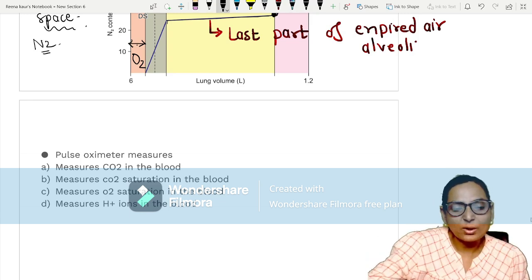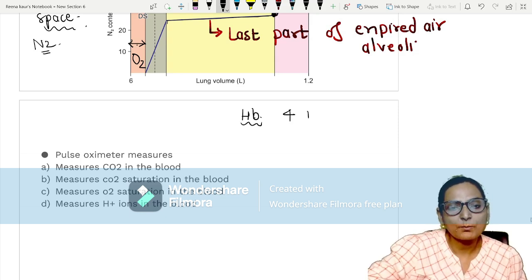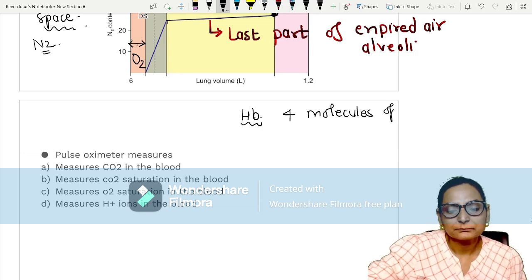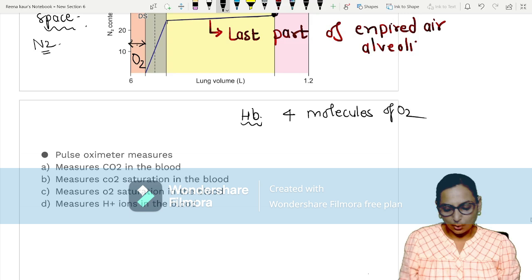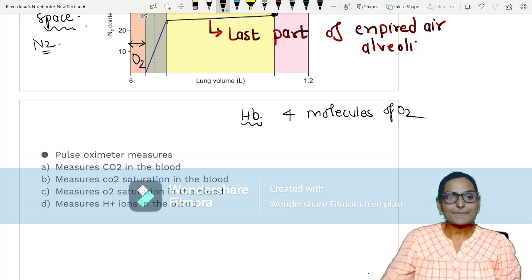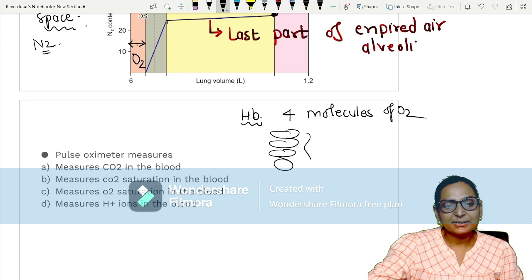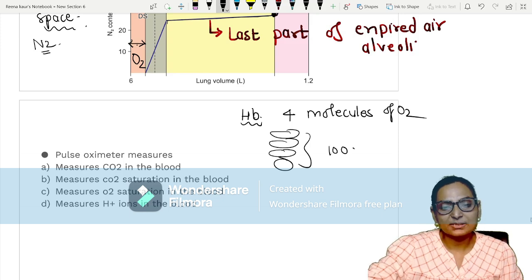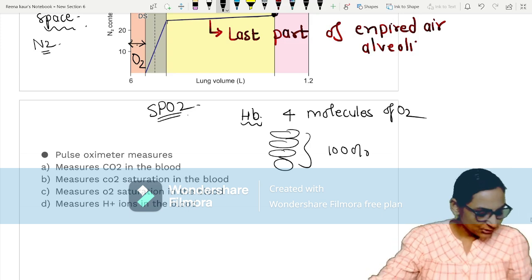So, what is oxygen saturation? Just let me explain you. Now, this is hemoglobin which can bind to 4 molecules of oxygen. When all the 4 are bound, this is 100% oxygen saturation, which we call SpO2.